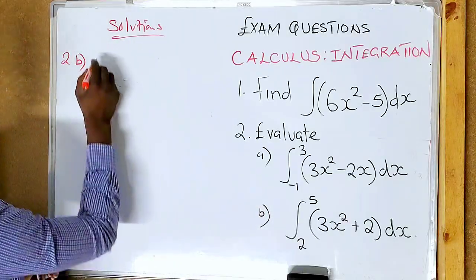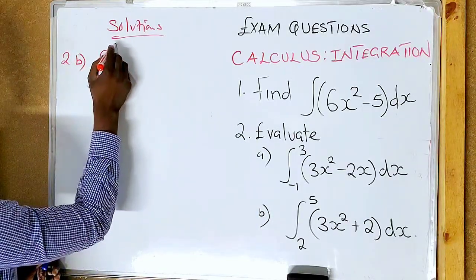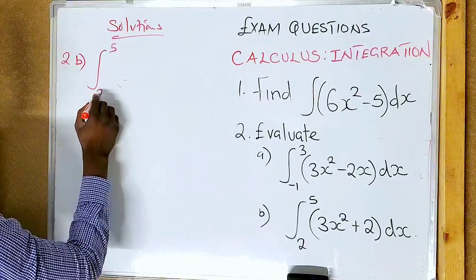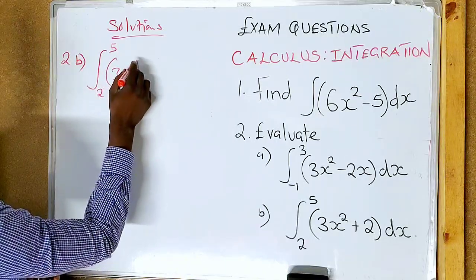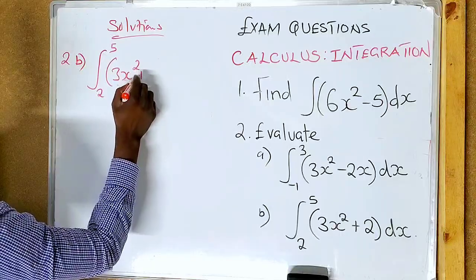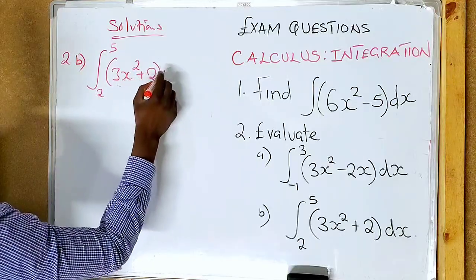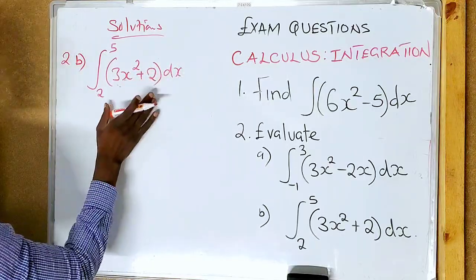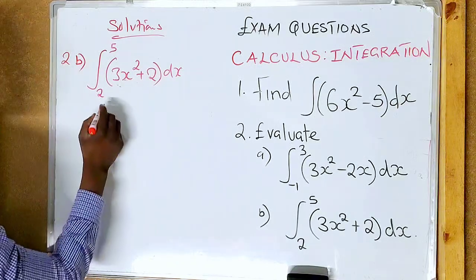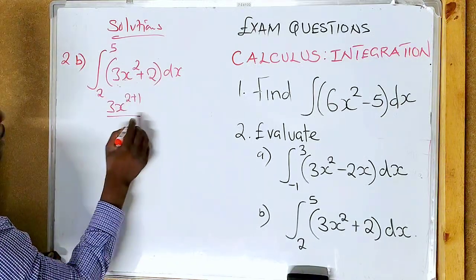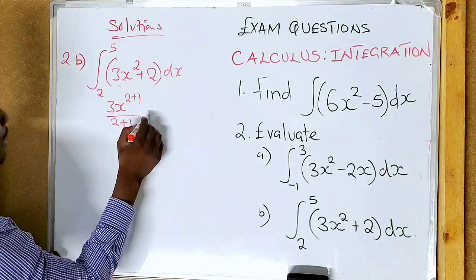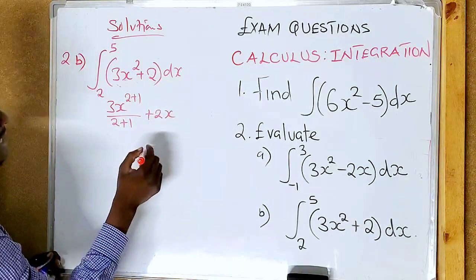We are asked to evaluate the integral with upper limit 5, lower limit 2, of 3x to the power 2 plus 2, dx. Here, this is what we're going to do. The same as before: 3x to the power 2 plus 1 over 2 plus 1, plus 2. Remember, just add x here.